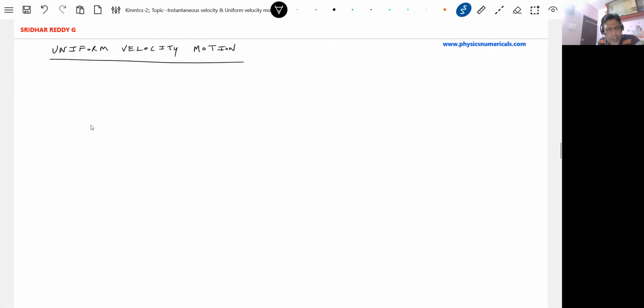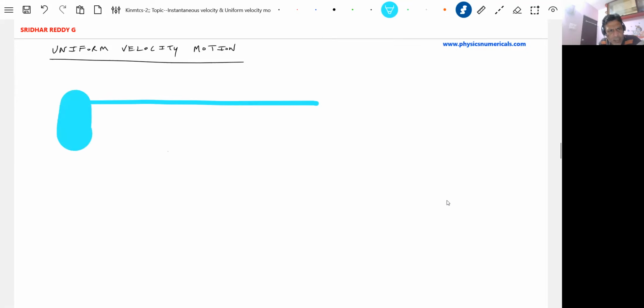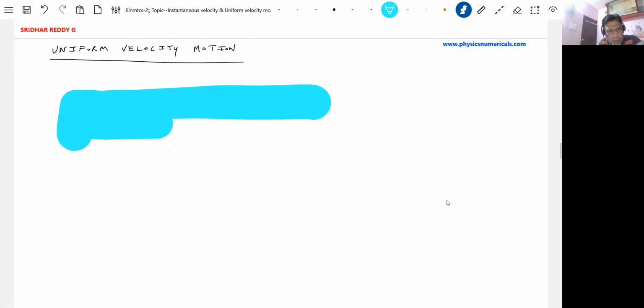I think the best example is that you are moving on a bike on a straight road. Okay, there's a road. Just simple examples, this will really help you a lot. And this is your car.